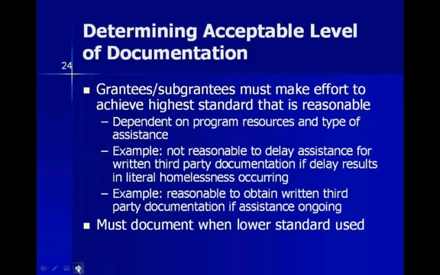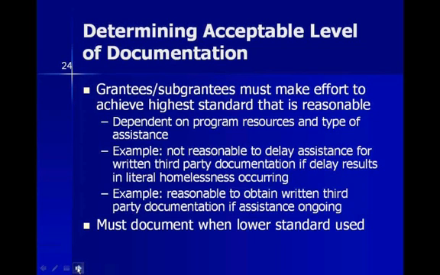But before we get into specifics of housing and income status documentation and what types of documentation are acceptable, we should talk first about the process that grantees and subgrantees should go through in thinking about what an acceptable level of documentation is. There are a couple of different variables to consider when thinking about appropriate levels of documentation.